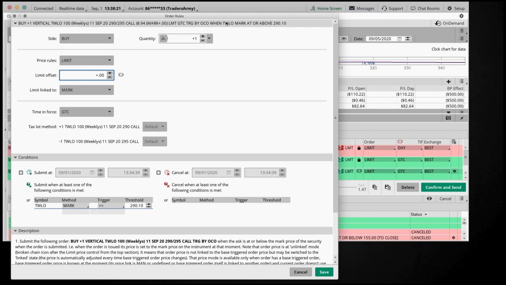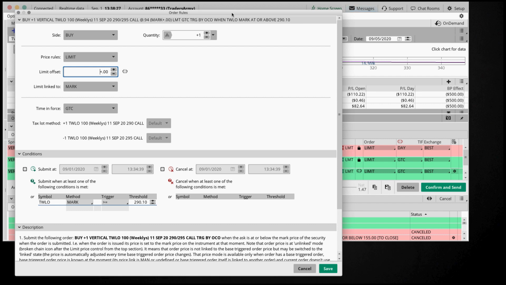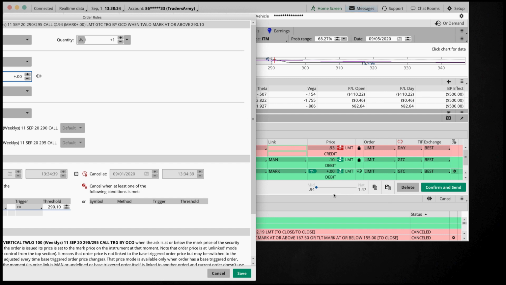So what I like to do is when I'm negotiating my way in or out of a position, I always like to give a little bit more to the market and say, okay, I'm willing to buy this spread. And I look over here and I can see that the difference between the mid price and the natural price is about 50 cents.